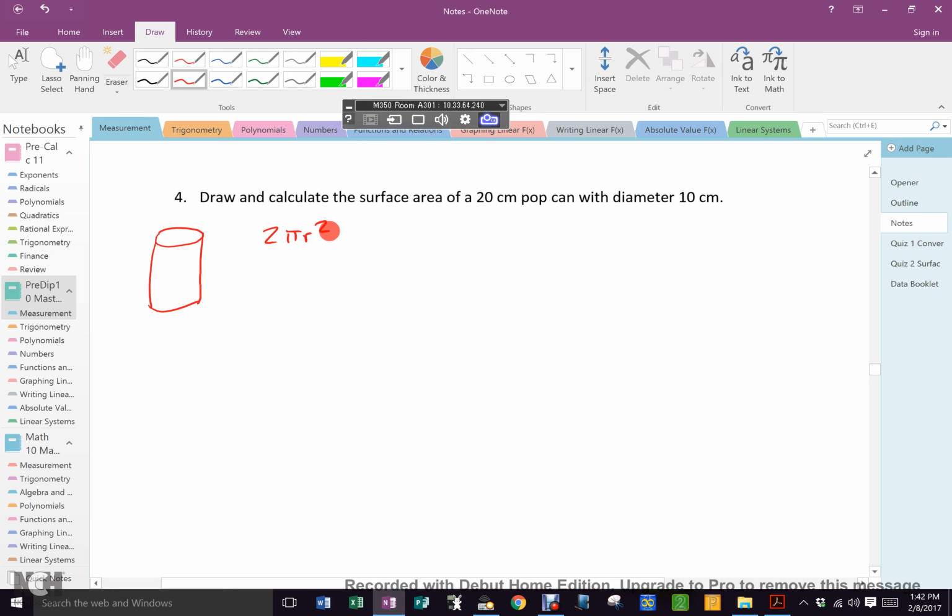What's the middle of a cylinder? A rectangle, right? Yeah? What's the area of a rectangle? Length times width. But once I put it into a cylinder, you don't want to say length times width anymore, do you? Even though it is length times width, right? But once I make it a cylinder, the length becomes this, right? What do we call that in a circle? The circumference.